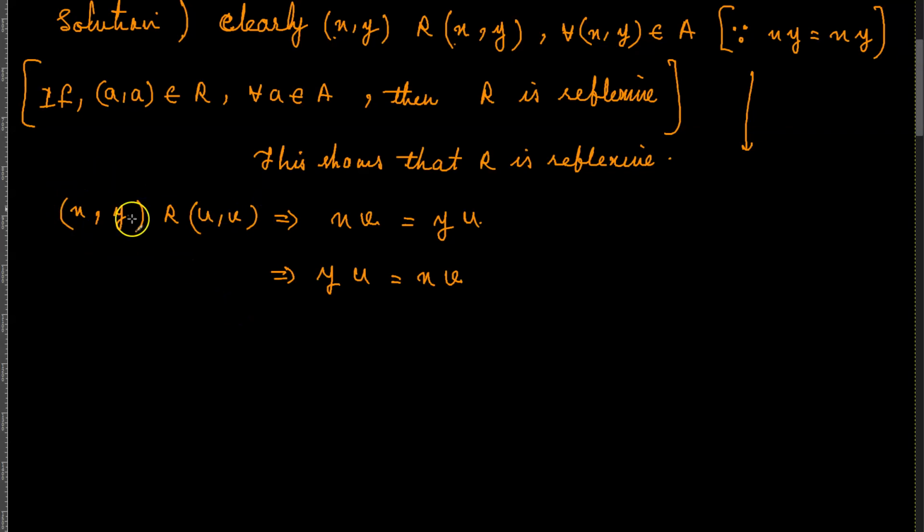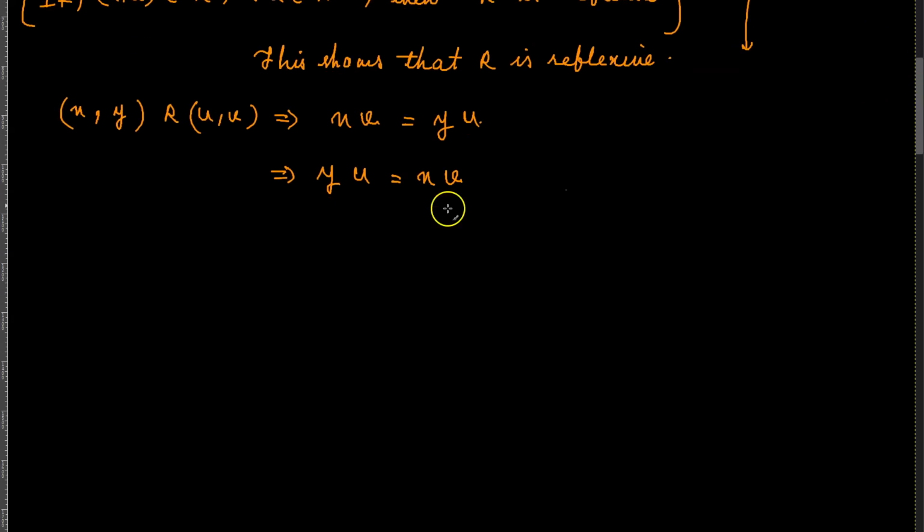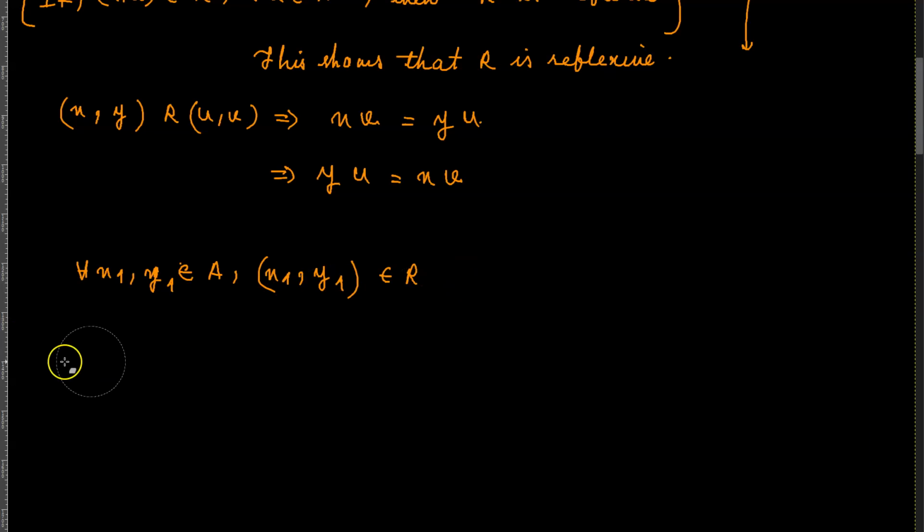To show that R is symmetric, normally what you would do is show that for every x1 and y1 belonging to A, x1 comma y1 belonging to R implies that y1 comma x1 belongs to R as well.